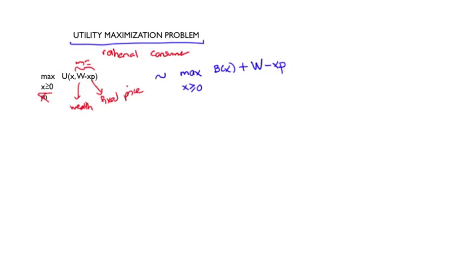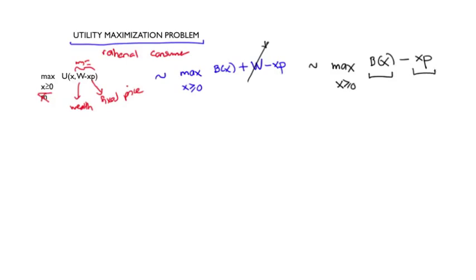Now, that's just replacing the functional form of the utility function. But we also see that we can drop the constant from any maximization problem, since it affects the total value of the experience utility that the subject gets, but it doesn't affect the optimal choice of X. So this is equivalent to maximizing over X greater than or equal to 0 B of X minus XP, where B of X is the benefit from consuming X units of good X, and XP is the cost of buying them.